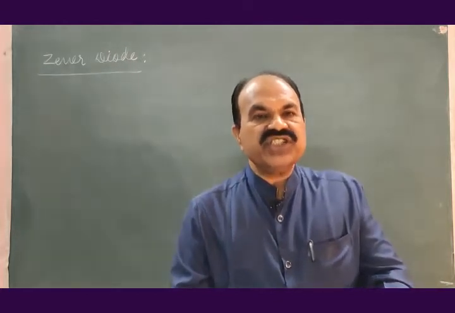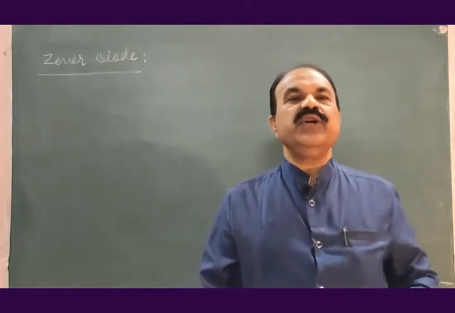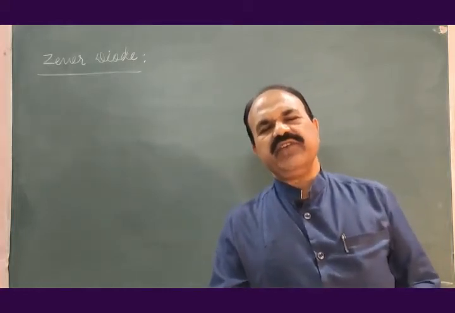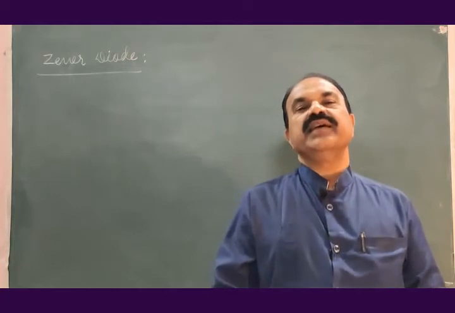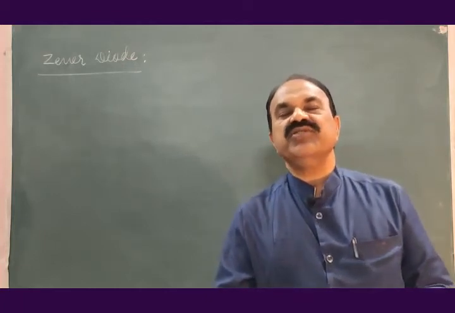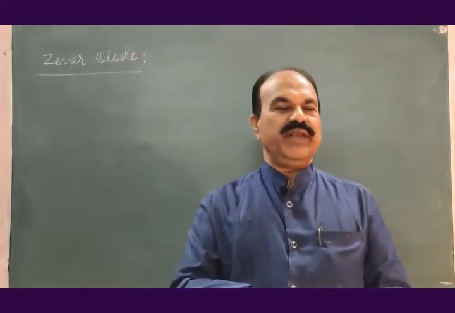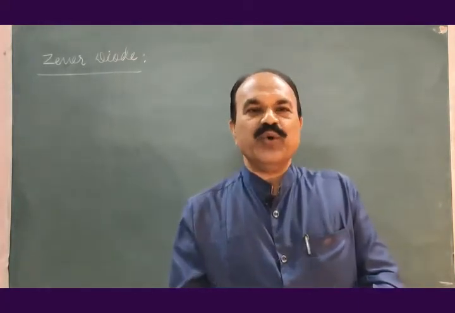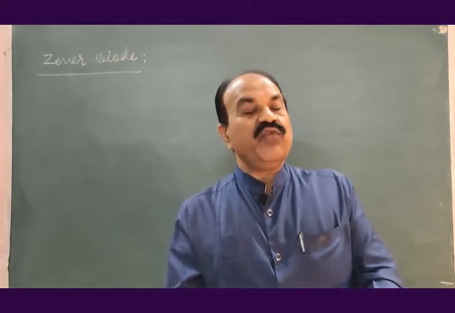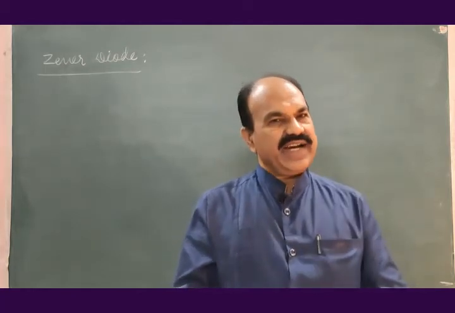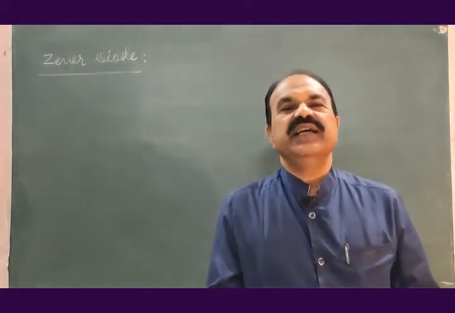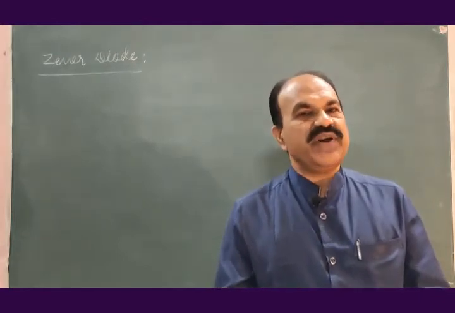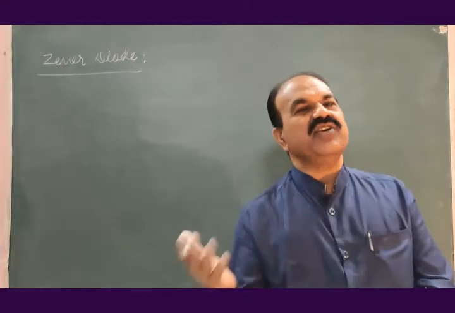The voltage of a Zener diode is decided by the doping level. If doping level is very high, the breakdown voltage of the Zener diode will be low. It may be 3 volt, 5 volt, like that, depending on the doping level. If you want to have Zener diodes of higher and higher voltages, the doping level of the Zener diode is decreased accordingly.